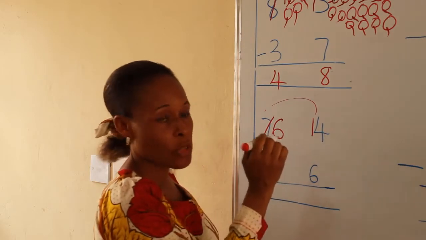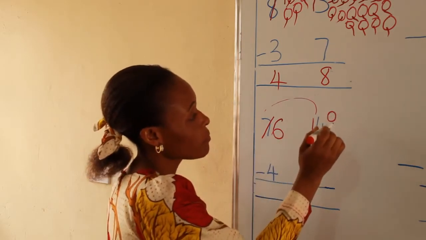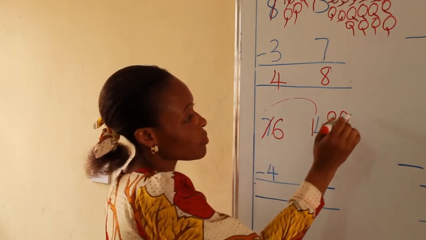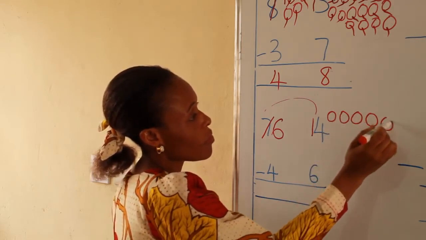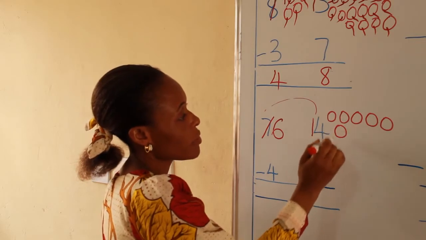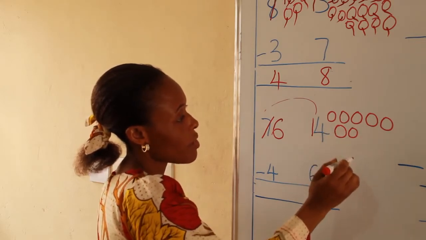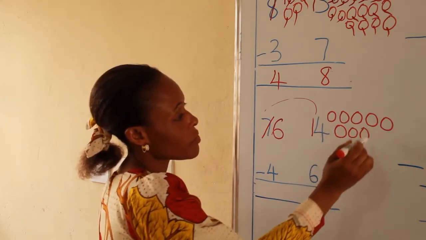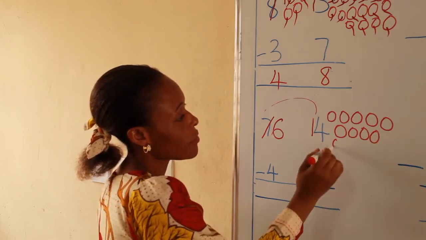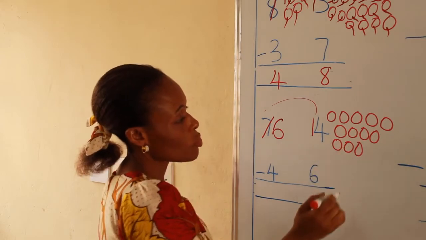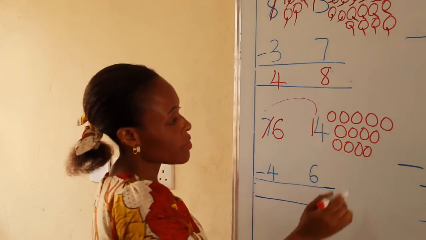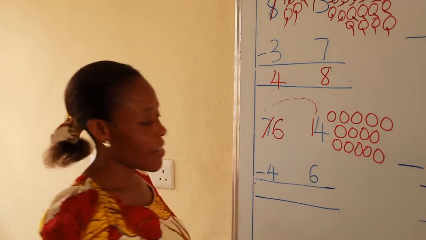Count along with me, children. 1, 2, 3, 4, 5, 6, 7, 8, 9, 10, 11, 12, 13, and 14.